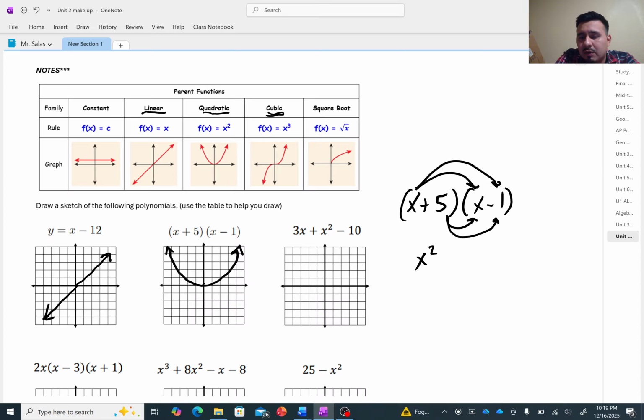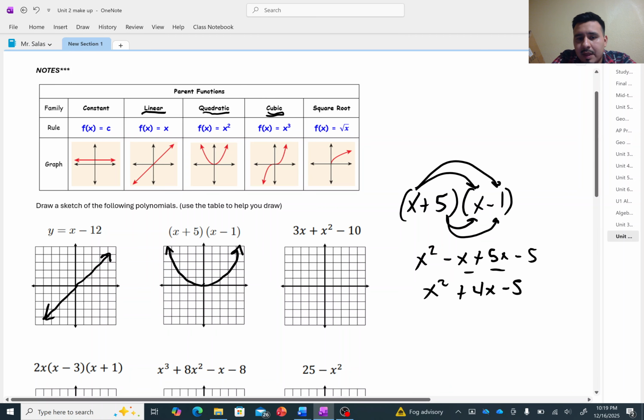X times negative 1 gives me negative x. 5 times x gives me positive 5x. And then 5 times negative 1 gives me negative 5. I can combine these two terms together and I get x squared plus 4x minus 5.